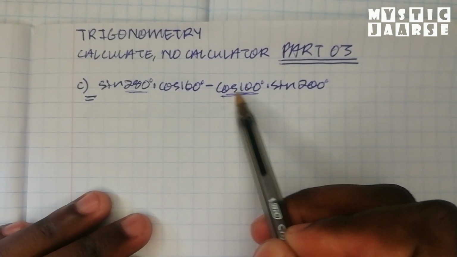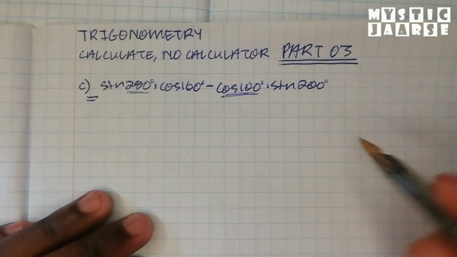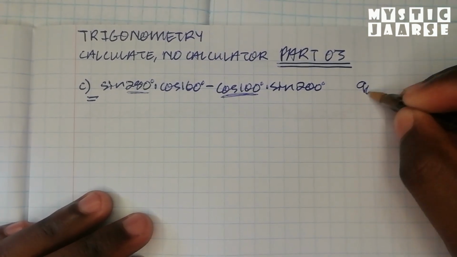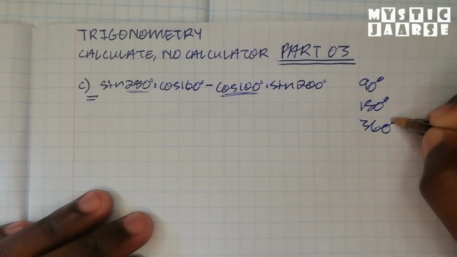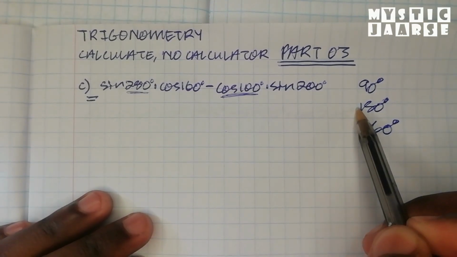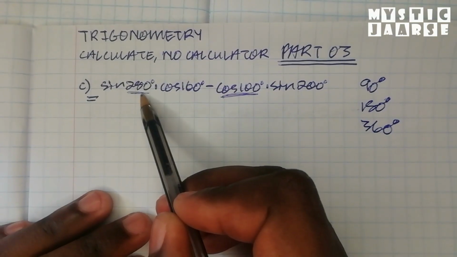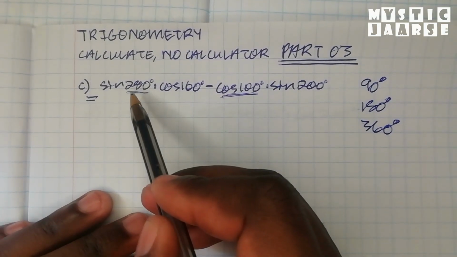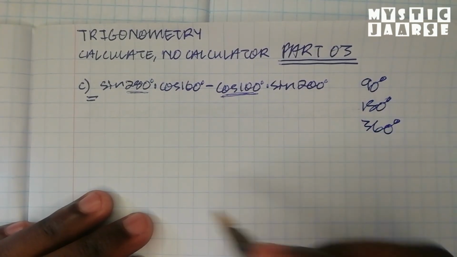You see, you have 100 degrees, right? And then you have 280 degrees. In your mind, you need to think of these angles and 360 degrees. Now, what would happen if you add 180 to 100 degrees? You will get 280, right? That means we need to reduce 280 degrees by using 180 degrees. So let's do that.